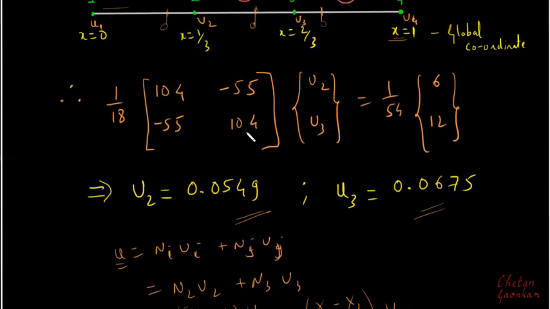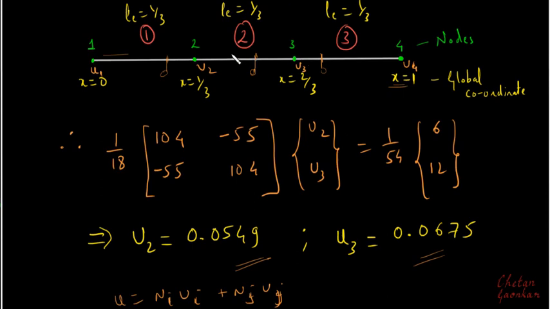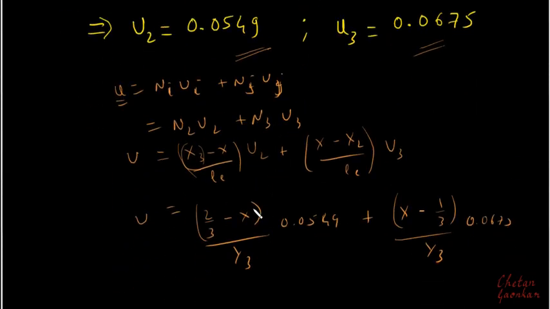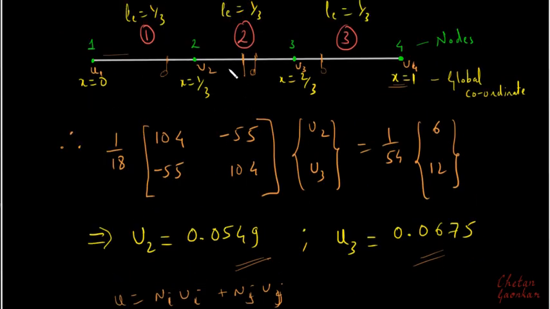If I want to find u anywhere in between, say exactly at the center, the global coordinate x will be 0.5 at the center. I can just substitute x as 0.5, and this will give me the value of u at x equal to 0.5.